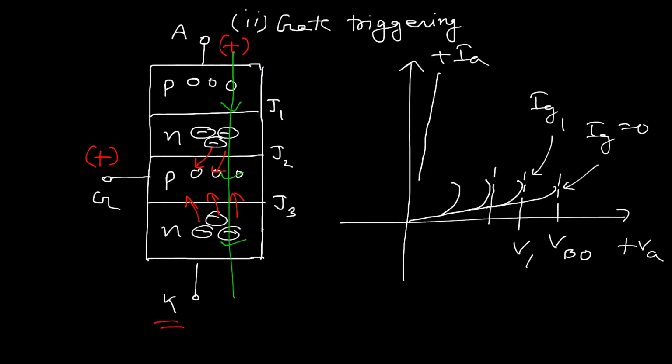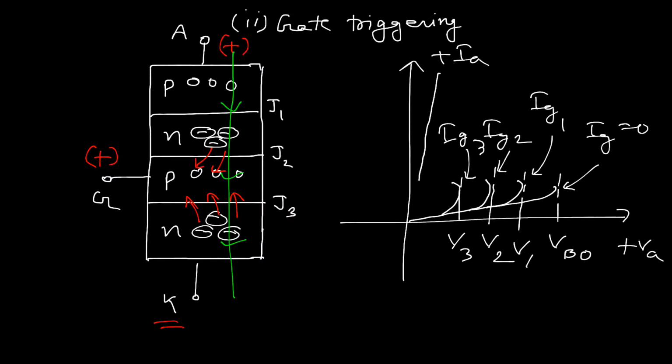Similarly, if we increase the gate current again to Ig2, the breakover voltage is V2. In this way, as we increase the gate current, the breakover voltage decreases, suppose V3. By this phenomenon, we can conclude that if we increase the gate current, the breakover voltage decreases.